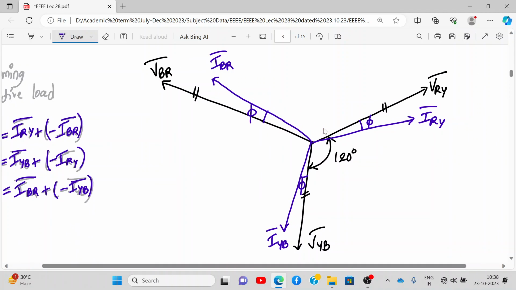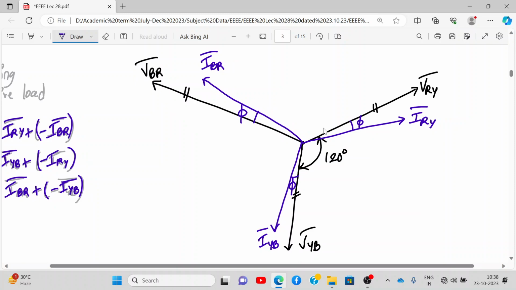You know what you have to do now? The mirror images of IBR, IRY, and IYB. So please draw the mirror images over here. So this will be minus IBR. This will be minus IRY.